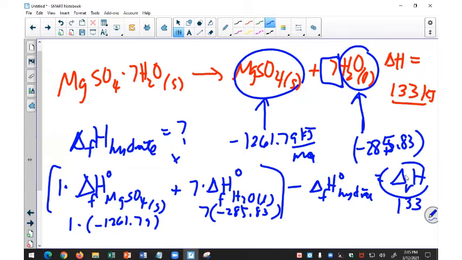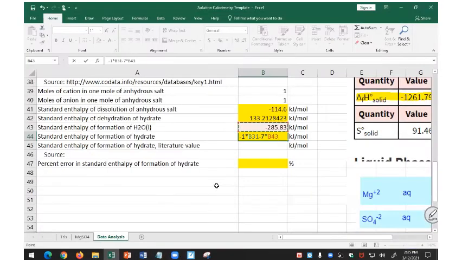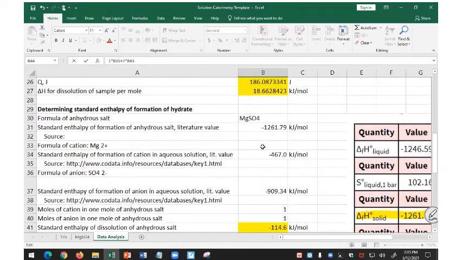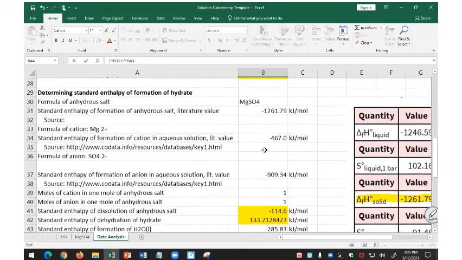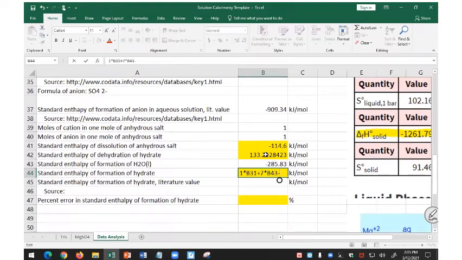Okay, so it's this one minus that one. So this is magnesium sulfate plus water minus the experimental delta H of reaction, which was 133, the enthalpy of dehydration.